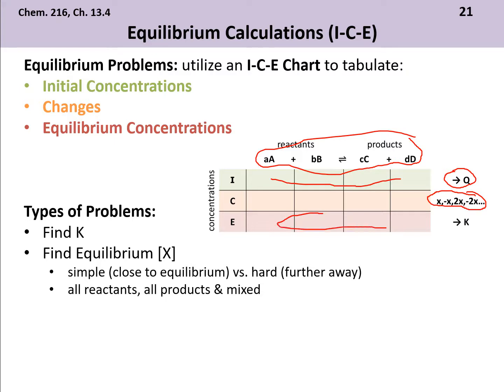Then I go to equilibrium. All right, so we just did a problem where we used an ICE chart to calculate K. Okay? That's usually not what we're going to do. Usually, we're going to use ICE charts to figure out equilibrium concentration. I call that equilibrium delta, or X concentration, X in brackets.